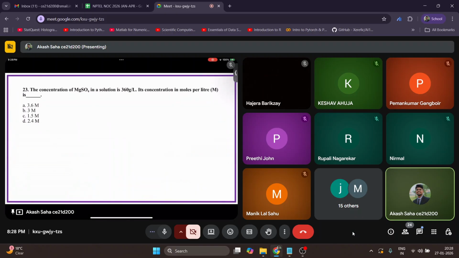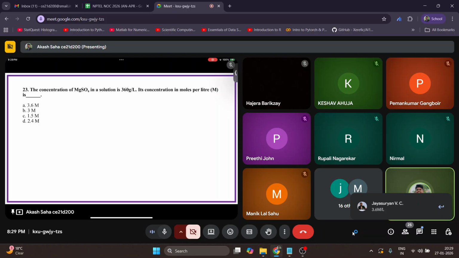The concentration of MgSO4 in a solution is 360 gram per liter. What will be the concentration in moles per liter? I think this is very easy. Can you do it? 3.6?